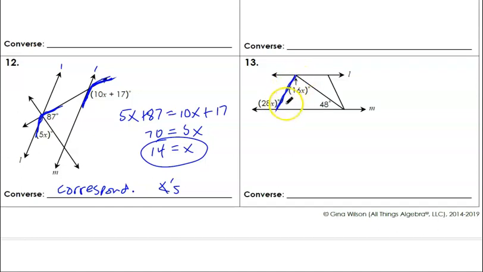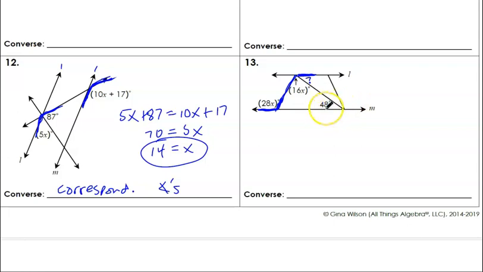That creates alternate interior angles. If you look on either side of that blue line, we have alternate interior angles. The problem is, this angle measured at 28x degrees is alternate interior with this angle, and on the outset, we don't know right off the bat what this is.